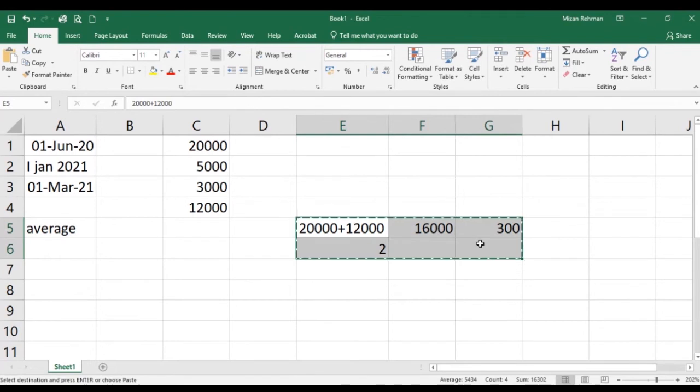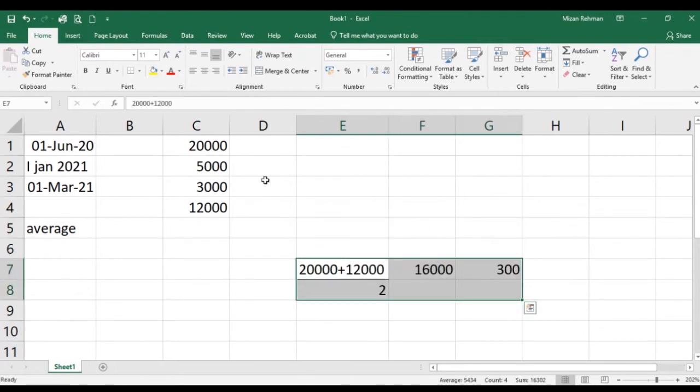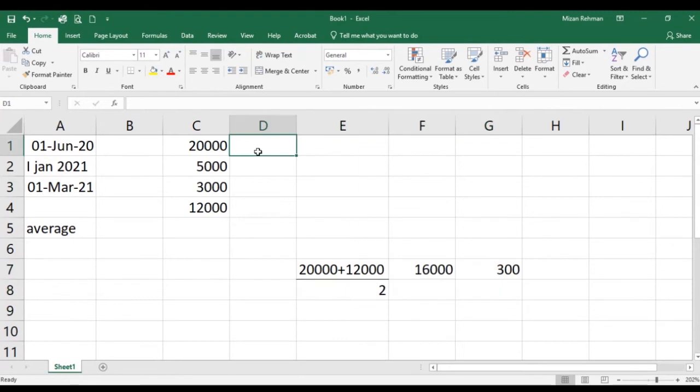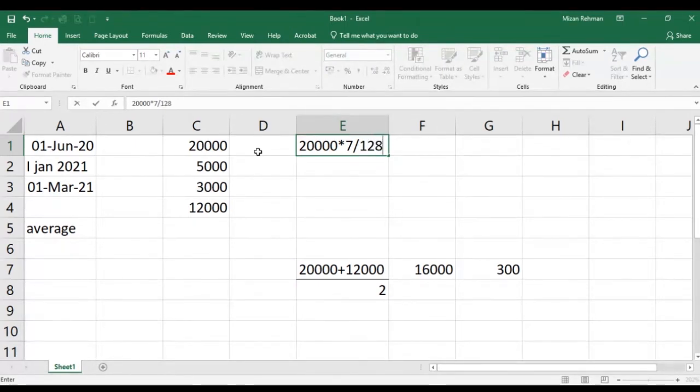All right, so initially he has 20,000, and that stayed for 7 months. So I'll do 20,000 times 7 by 12 times 0.0225.